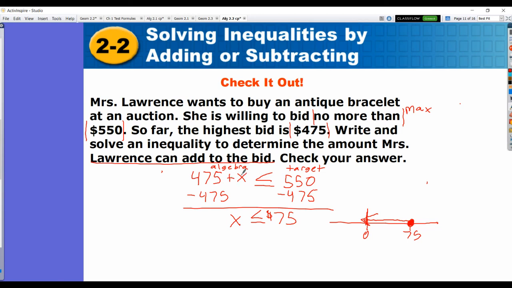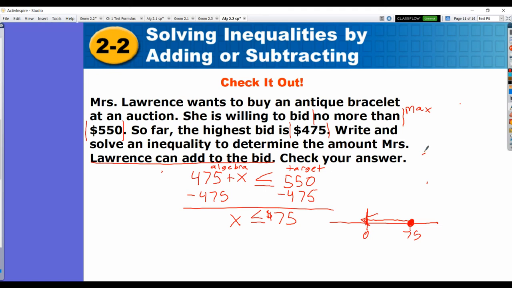Miss Lawrence can add a little more money to the bid, but we want to make sure she doesn't go over the $550. So we're taking what she did so far and adding a little more to that, but we don't want to go over $550. So we're going to use the less than symbol, less than or equal to 550, to make sure this side will not go over the 550 amount.